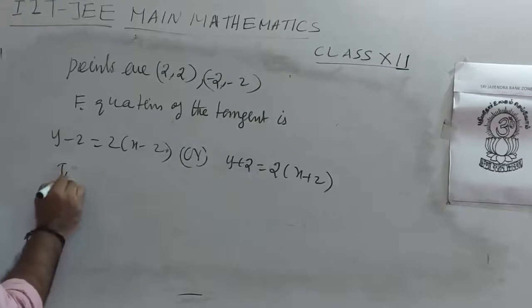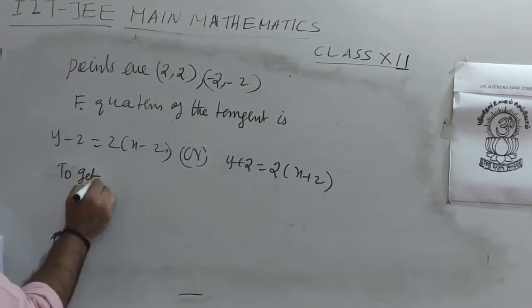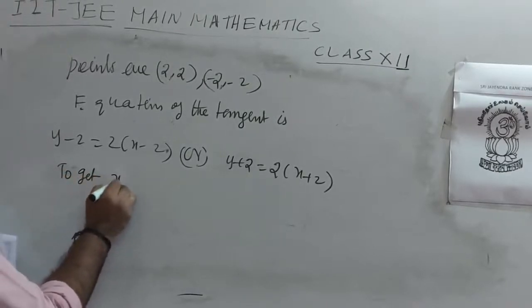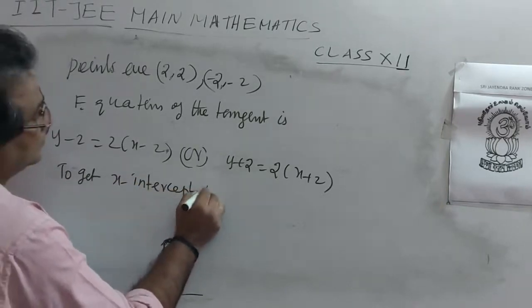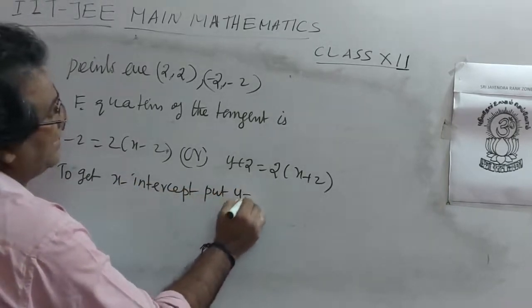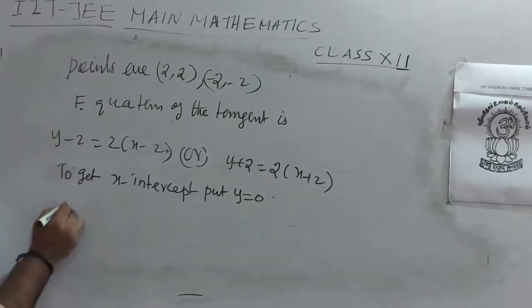To get the x intercept, put y equal to 0.